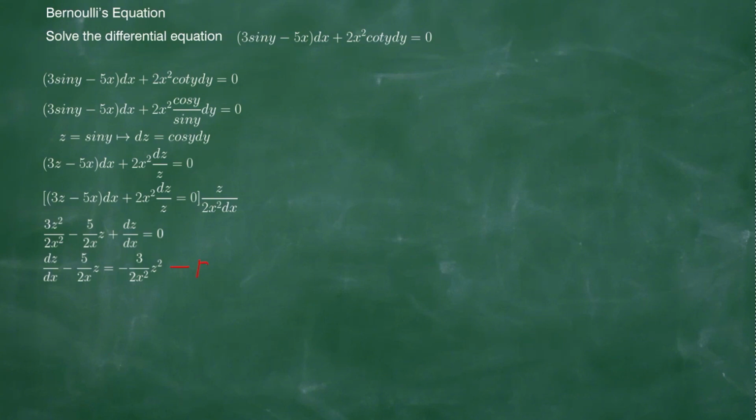So this is now a Bernoulli's equation. Our dependent variable here is z, and our n is 2. To solve Bernoulli's equation, we reduce it into the standard form for a first order linear differential equation, dy/dx + p(x)y = q(x).